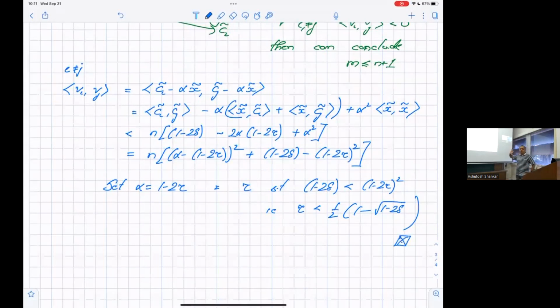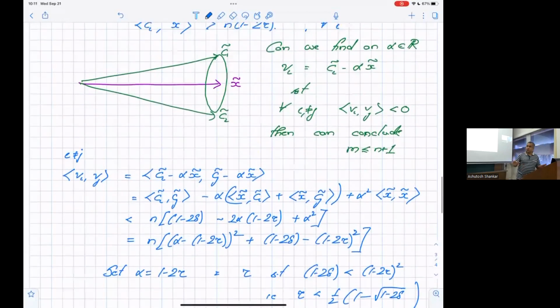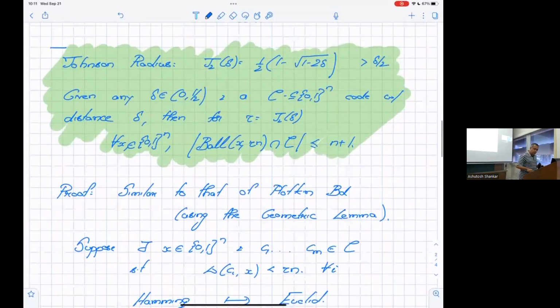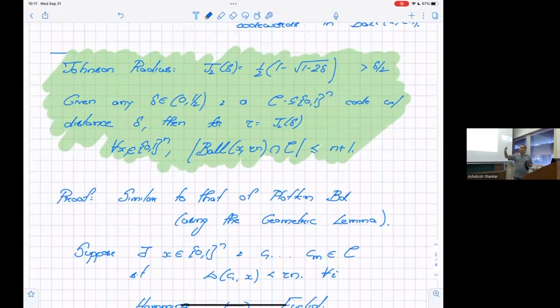The exact same proof can be carried over for the two-norm case; you have to be a little more careful, but you can do it. Questions on this? The Johnson radius is this magical number. It's well beyond delta by 2, a number that lies between delta by 2 and delta.